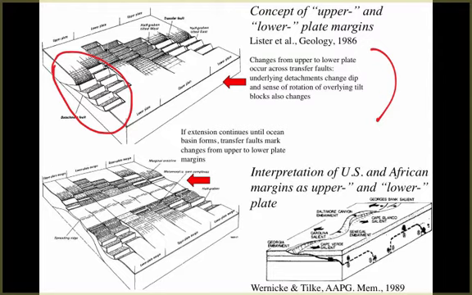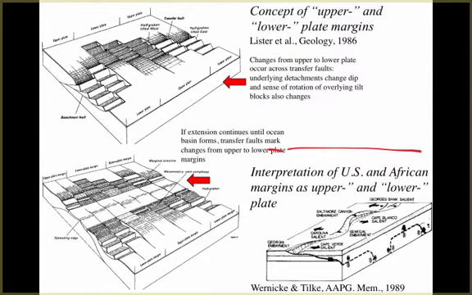And then if extension continues until an ocean basin forms, the transfer faults mark changes from the upper to the lower plate margins. And this is something that's been interpreted for the U.S. and African margins as upper and lower plate. So you can see this asymmetry in a detachment separating those two plates and the tilt blocks in the overlying rocks.